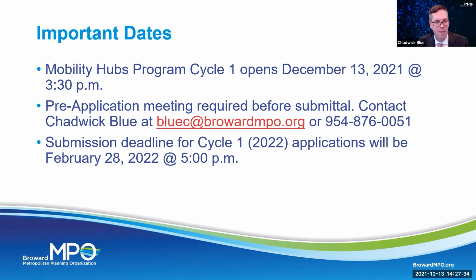And so with that being said, our submission deadline for Cycle 1 is February 28th, 2022 at 5 p.m. Eastern Standard Time. So please don't come to me at 5:15 and say you had a problem and begging for more time. It's easier to get the applications done in advance.